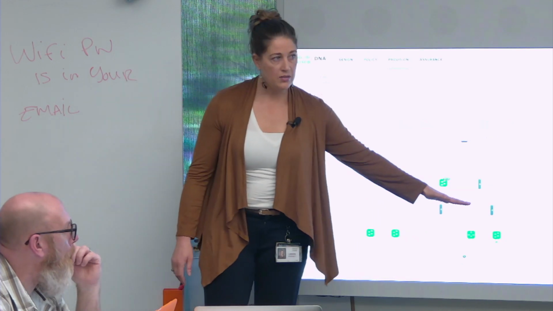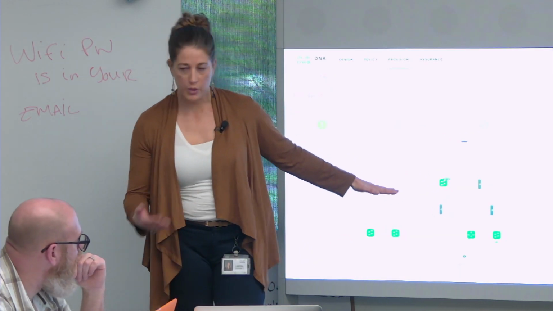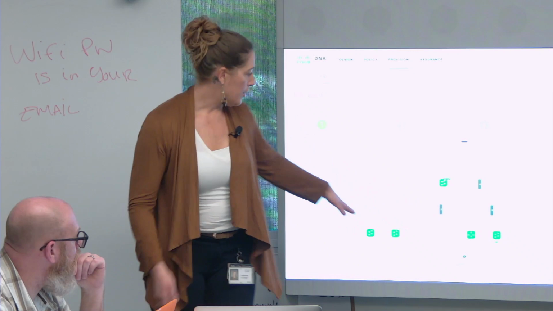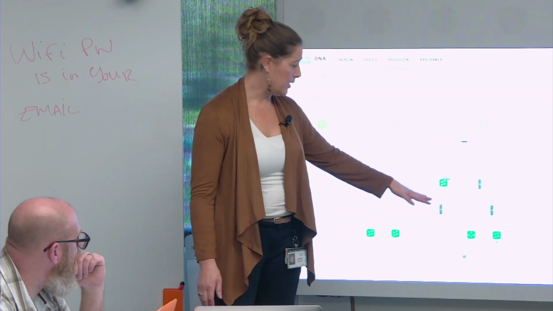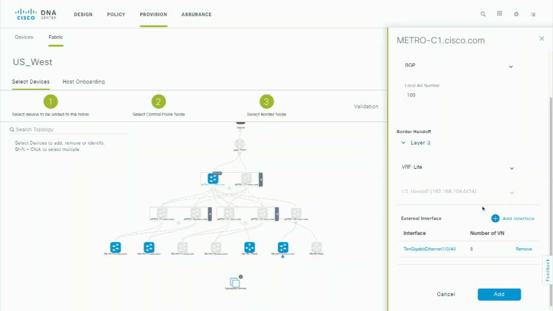So the devices within that, our distribution layer, our intermediate nodes, do not need to support SD-Access. The reason these devices and the devices at our perimeters need to support SD-Access is because they need to understand VXLAN, they need to understand TrustSec, and they need to understand LISP.